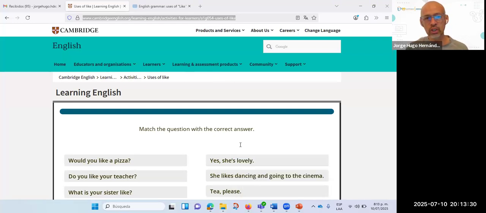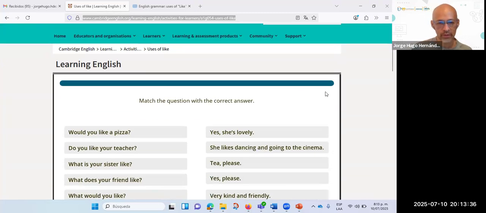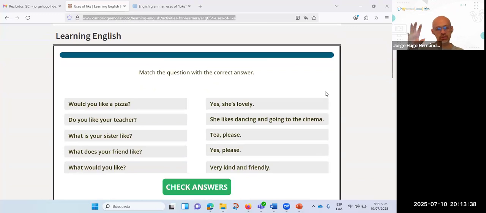And you are going to do the exercise. Each one of you is going to do the exercise on your computers, okay? You're going to match the answer with the correct question.